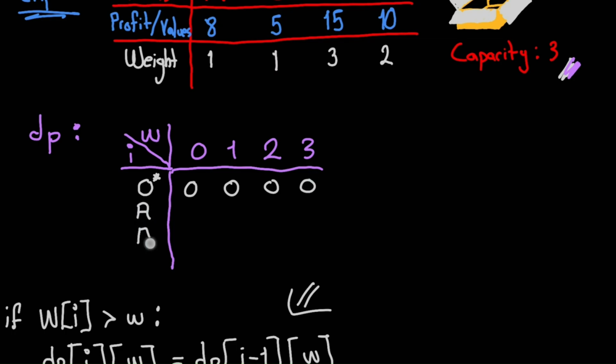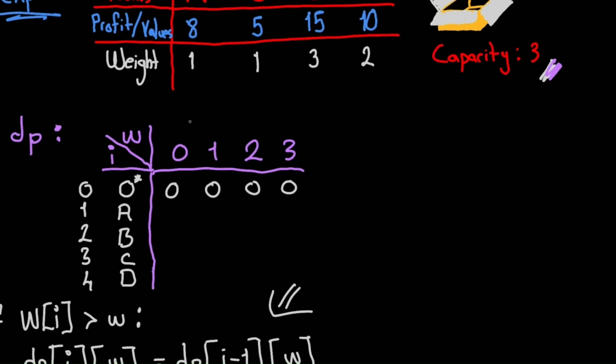And for other rows, we are writing our item names A, B, C, and D. And I will write indexes for these items as well, because we will use indexes while solving the problem.